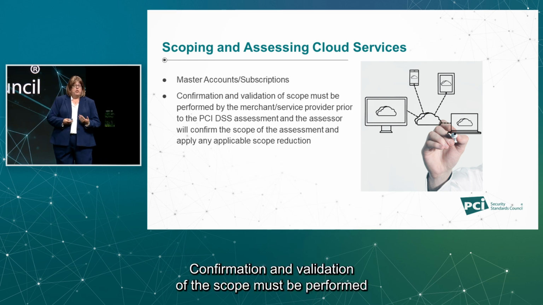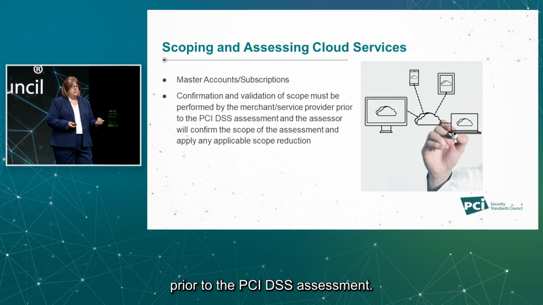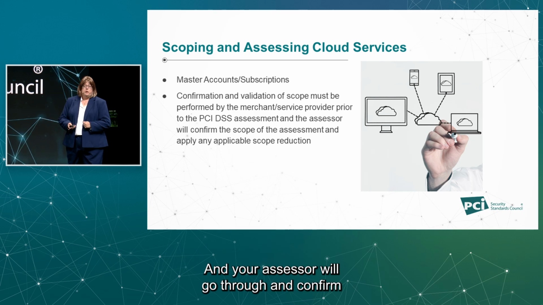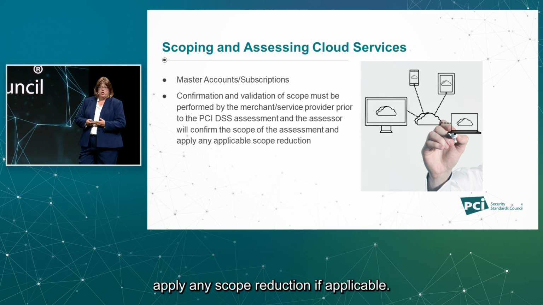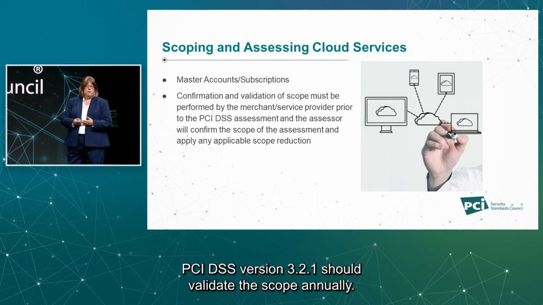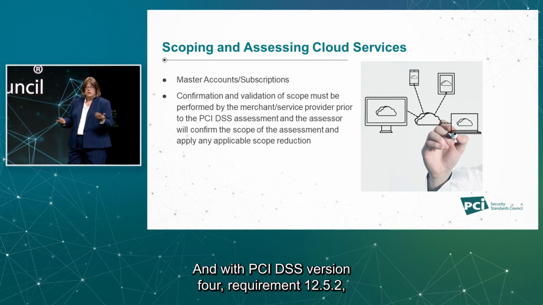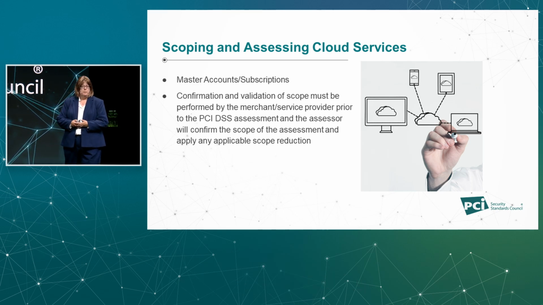Confirmation and validation of the scope must be performed by the merchant or service provider prior to the PCI DSS assessment, and your assessor will go through and confirm the scope of the assessment, and then again, apply any scope reduction if applicable. PCI DSS version 3.2.1 says to validate the scope annually, and with PCI DSS version 4, requirement 12.5.2, this is now a new requirement.